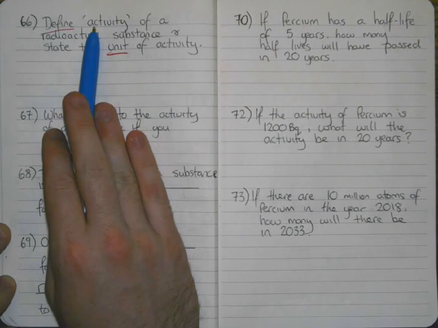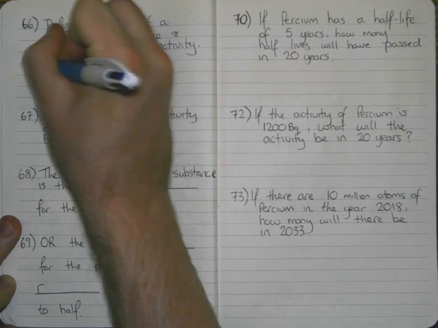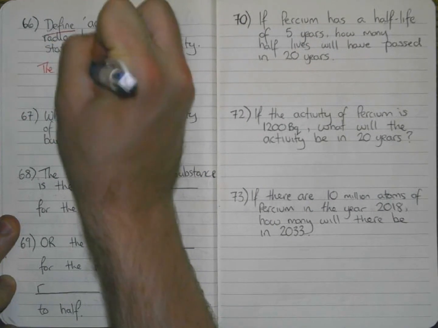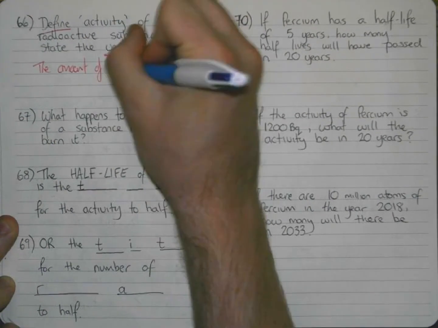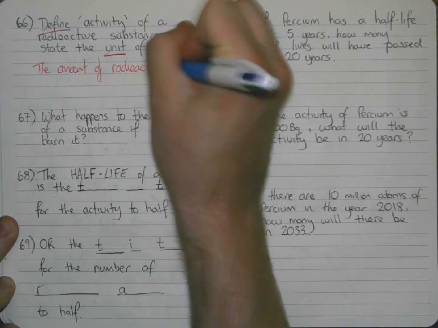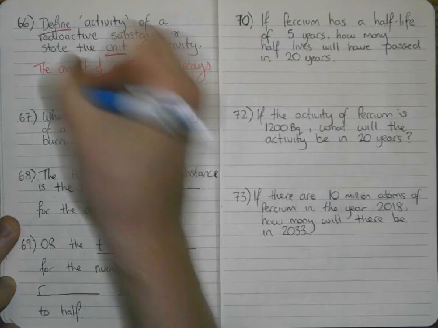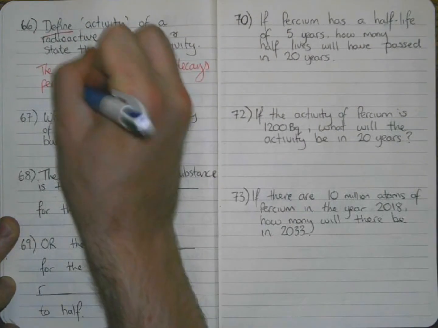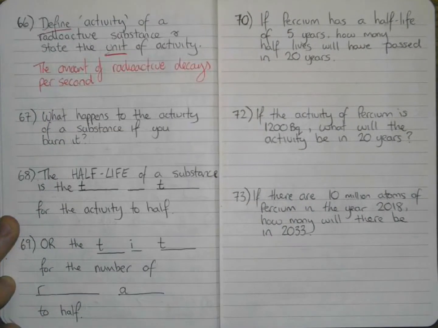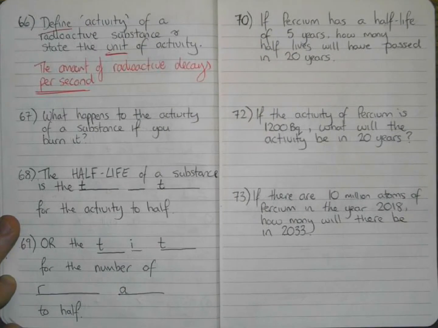The definition of activity is the amount of radioactive decays per second. That's the important point, per second. It's a rate of how quickly decays are happening.